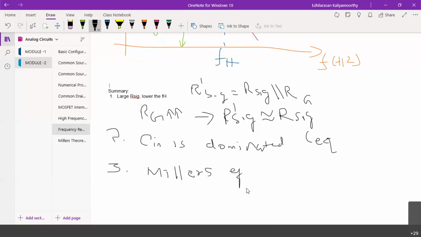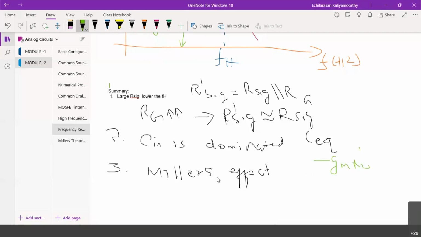because there is a capacitance connected between the input node and the output node. That is your CGD. The voltages are related by a large negative gain, which gives the Cin, that is GM RL dash.